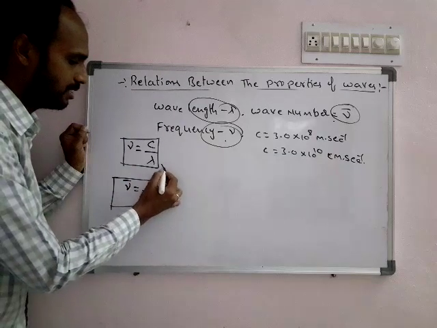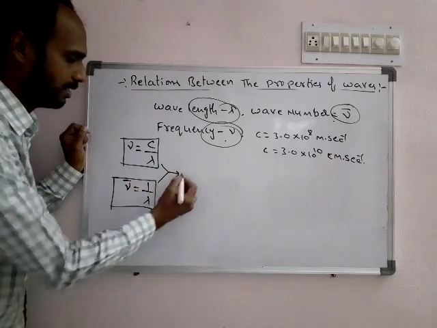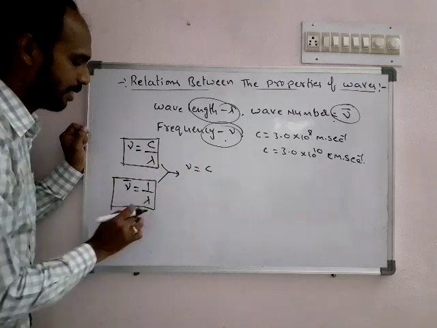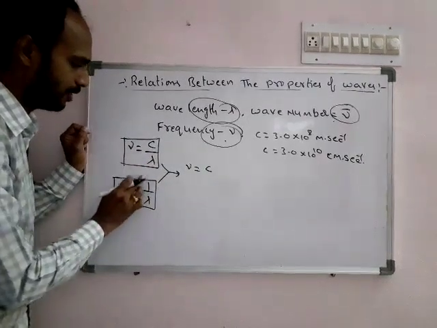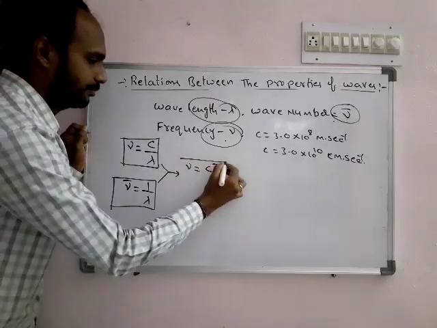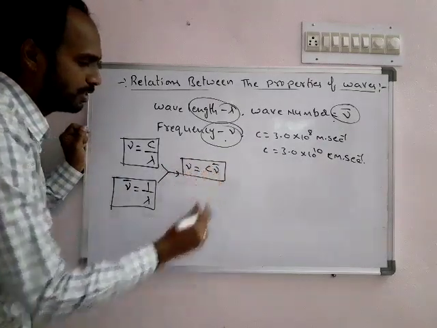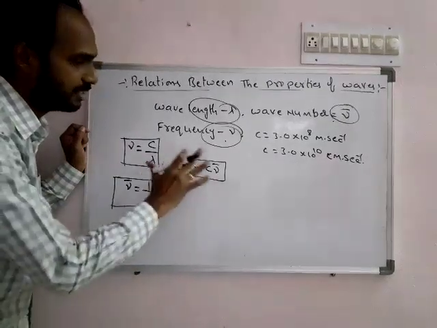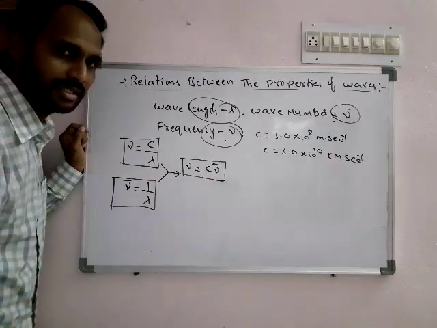With the help of these two we can write nu is equal to c by lambda, and in the place of 1 by lambda you can write nu bar. So nu is equal to c into nu bar. So these are the main three relations between these properties, mainly used in the calculations.